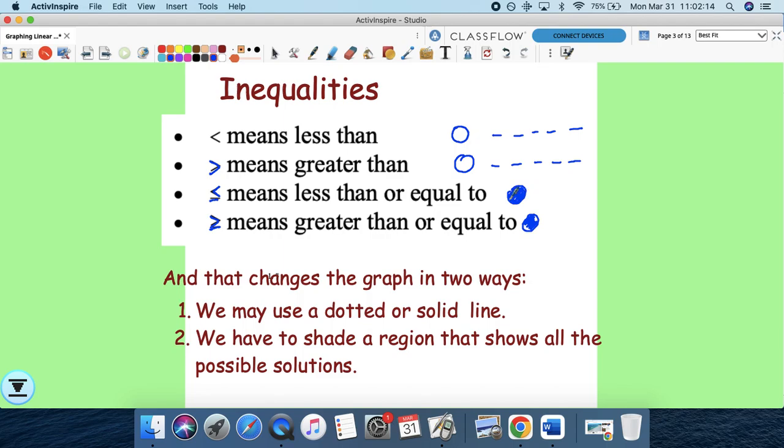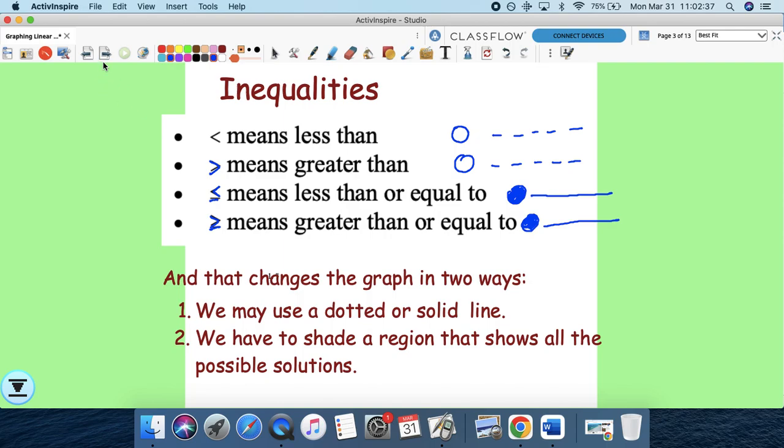And to represent as part of the solution, we're going to use a solid line. You'll see what I mean in a few. Okay, and besides that, we're not going to point the arrow either to the left or the right, but instead we're going to shade a section or area above the line that we're going to graph.